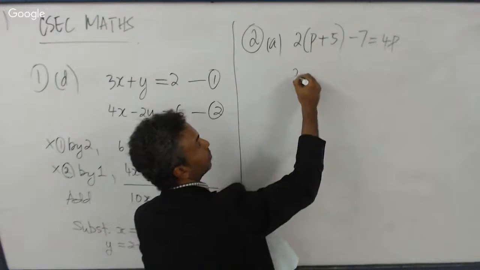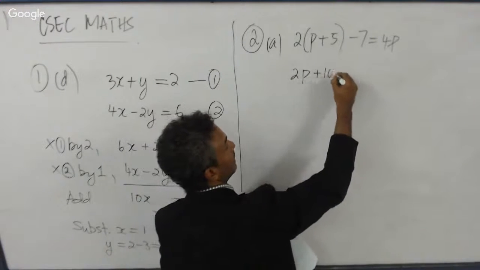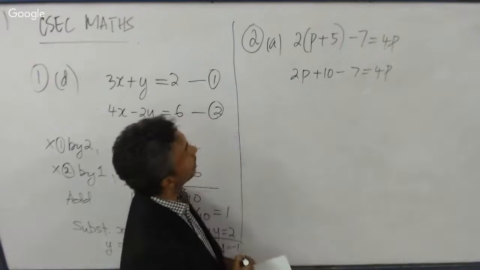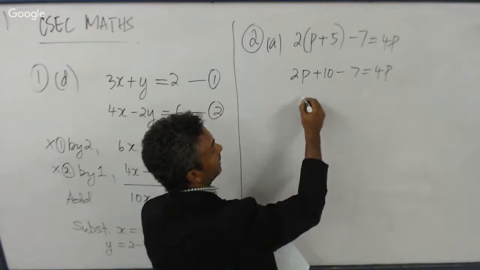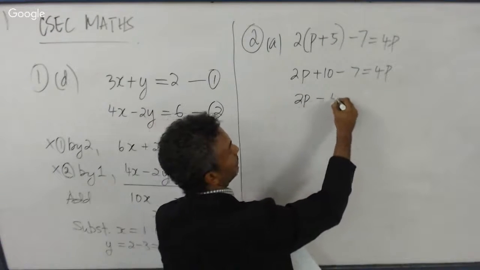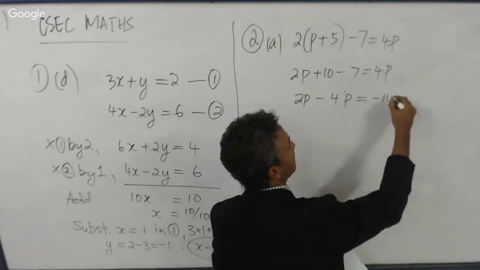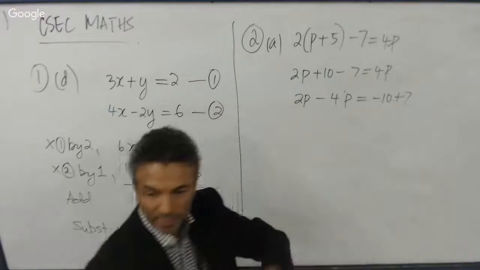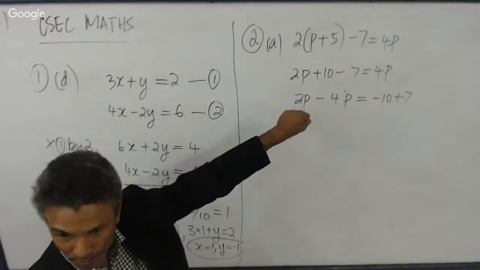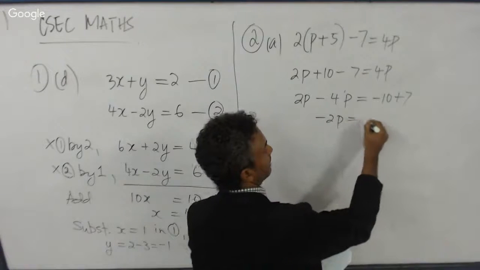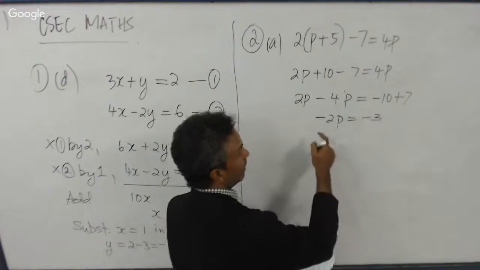Expanding, we get 2P plus 10 minus 7 equal 4P. P is on one side: 2P minus 4P is equal to minus 10 plus 7. Different methods, you could simplify first. It's up to you. I get minus 2P to be equal to negative 3.